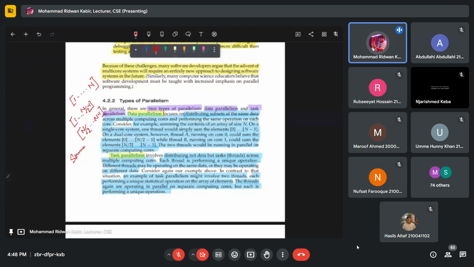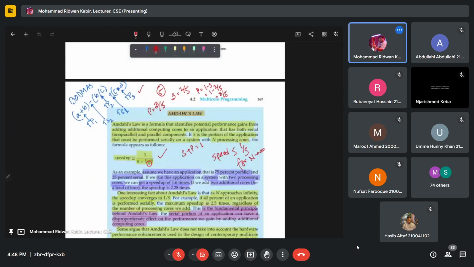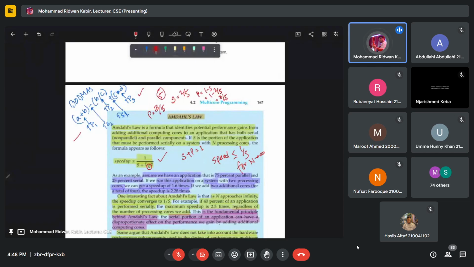That is data parallelism. Now, in case of task parallelism, you're not going to distribute data, rather, you're distributing tasks across multiple cores. So, if we look at our previous example, what type of parallelism is occurring here mostly? Can you guess? Task. Task parallelism, right?